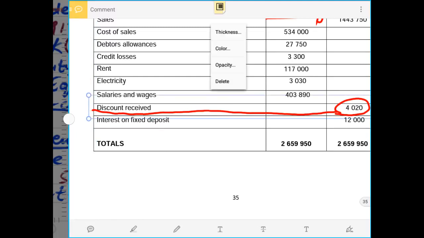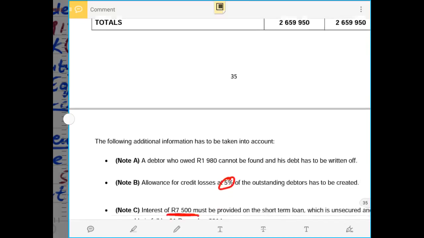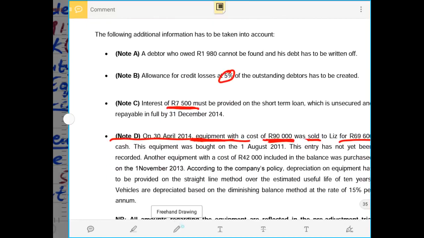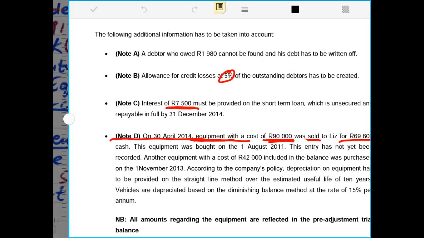Therefore it is also the interest that was supposed to be paid. So 7,500 will be an interest expense and 7,500 will be recorded as a liability, because there is no record or any amount in the trial balance that indicates that a certain amount of the interest on the loan was paid. Therefore, by the end of the year, the business is fully liable to pay 7,500.